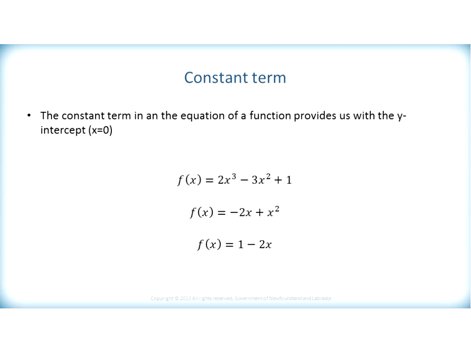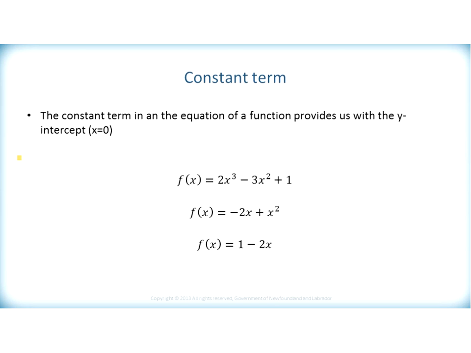Another characteristic that we're going to look at in the equations of polynomial functions will be the constant term. The constant term in an equation provides us with the y-intercept, that is when x equals 0. So we have a constant term in this cubic function.